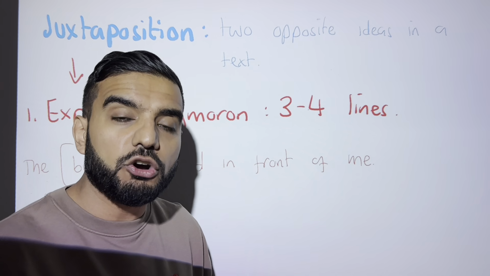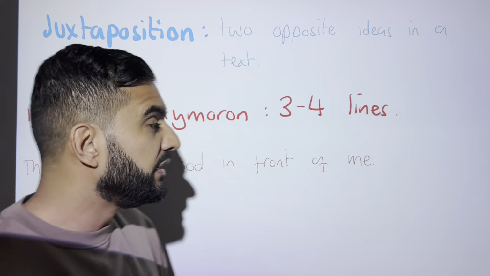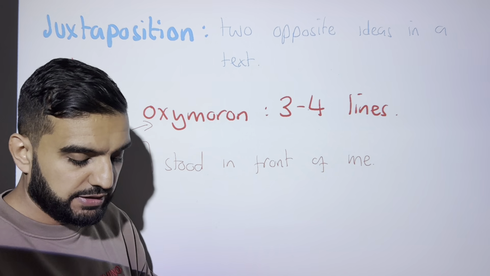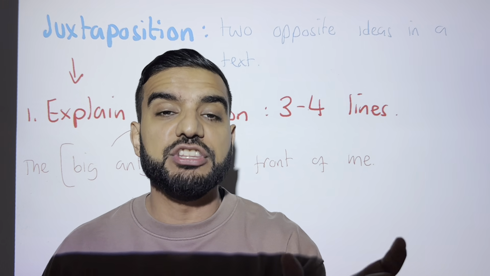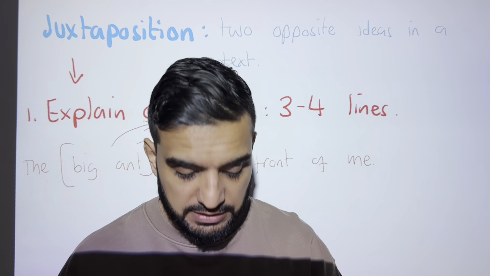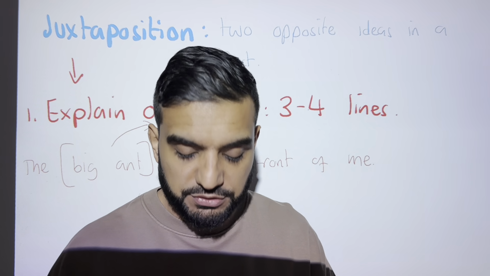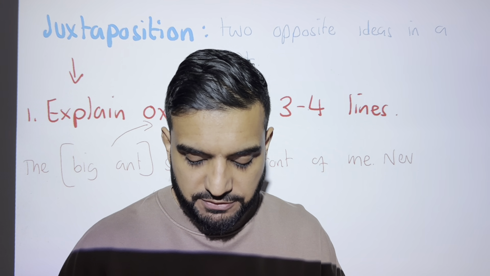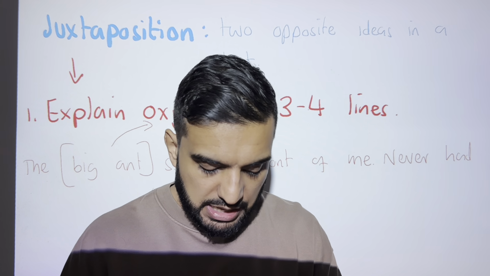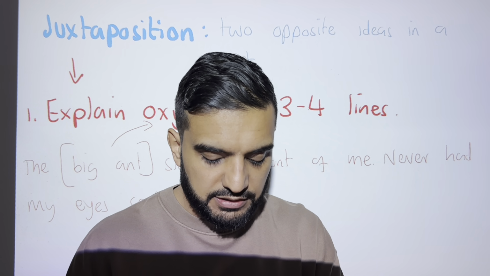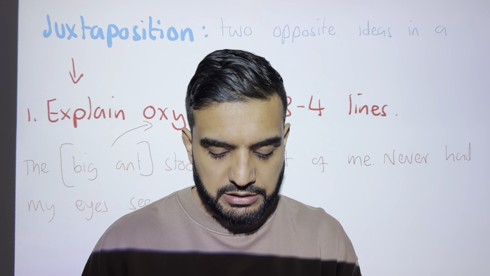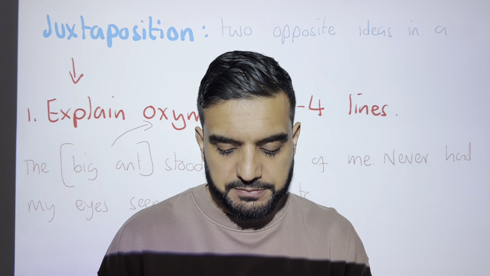So always start with the oxymoron. Say it. The big ant stood in front of me. Now let me explain how this ant was big. Let me change these two words into an idea. The big ant stood in front of me. Never had my eyes seen such a spectacle.